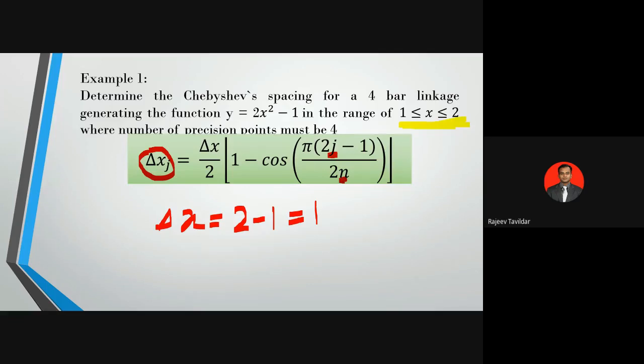And this n stands for the number of precision points, which is given in the problem statement as 4, so it will be 2 into 4. So the first equation will be delta x1 equal to 1 by 2 square bracket 1 minus cos of pi into 2 minus 1 divided by 8. That will be your equation.